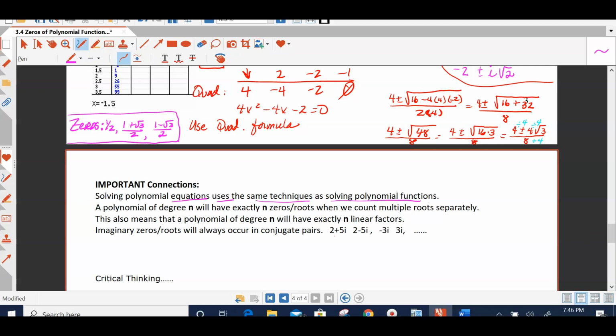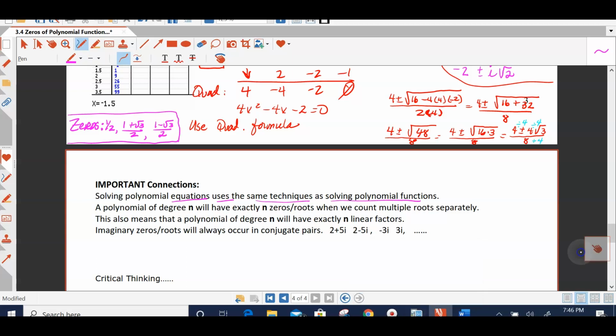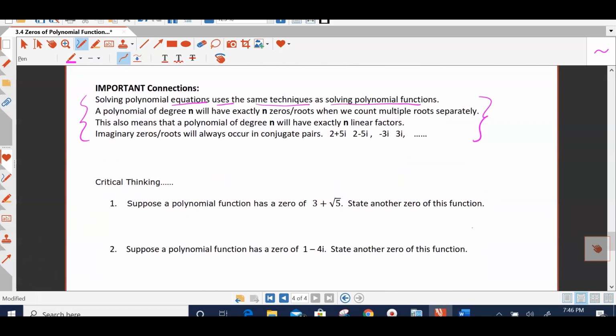2 plus 5i and 2 minus 5i are conjugate pairs. Negative 3i and positive 3i are conjugate pairs. So let's think about all this stuff right here, and let's do some critical thinking. Suppose I have a polynomial function and they're telling me that one of its zeros is 3 plus the square root of 5.